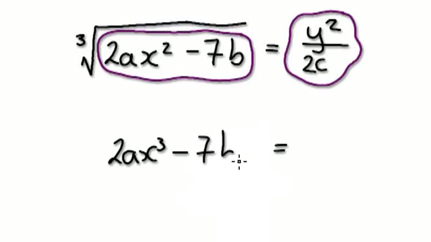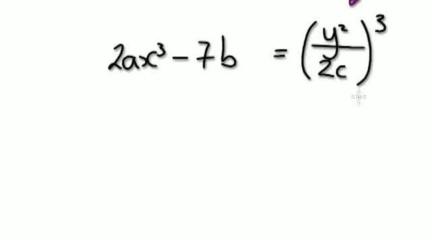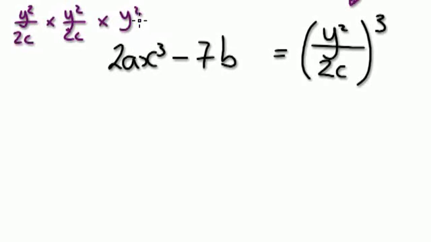Over here, we've got to use brackets. So it will mean this to the power of 3. So this means times by itself 3 times. Somewhere find a blank space. So what this means is y squared over 2c times y squared over 2c times y squared over 2c.